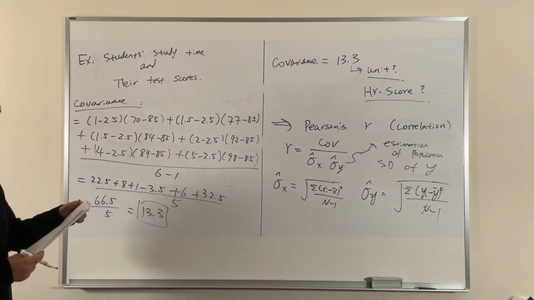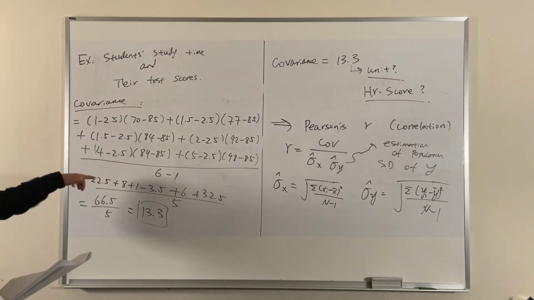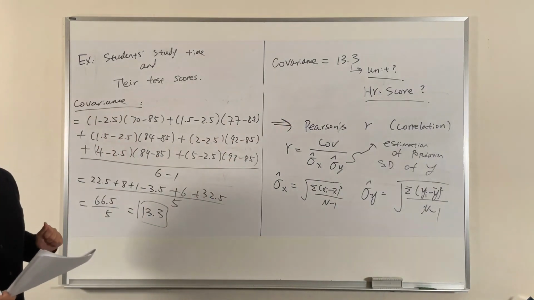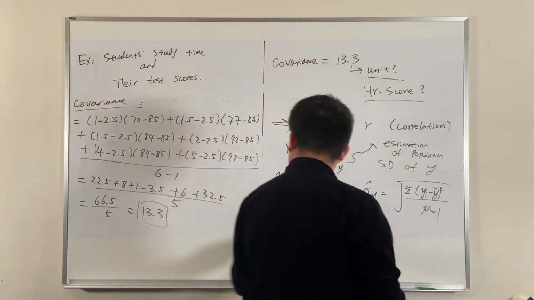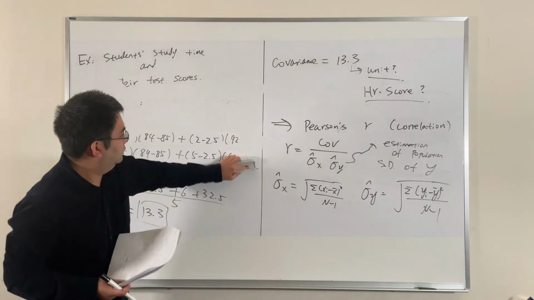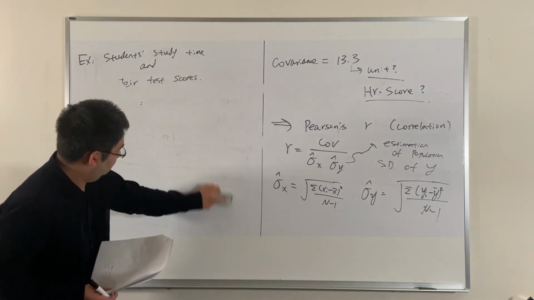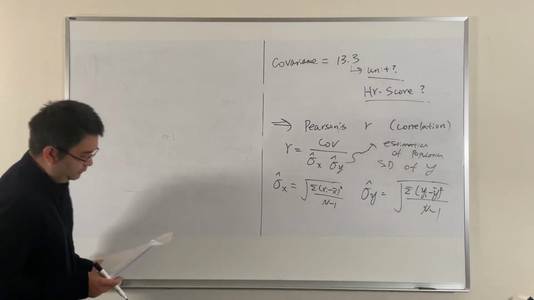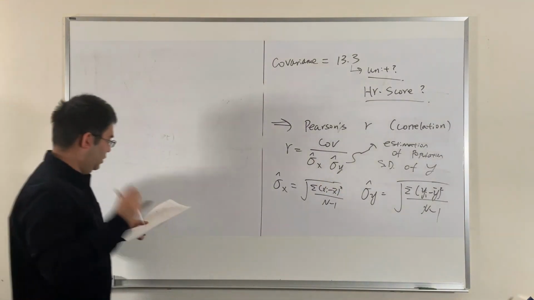Now we're going to go back and continue this example, but instead of stopping at variance, we're going to go one step ahead and calculate R. So we need to get this and this, because we need the bottom part here.